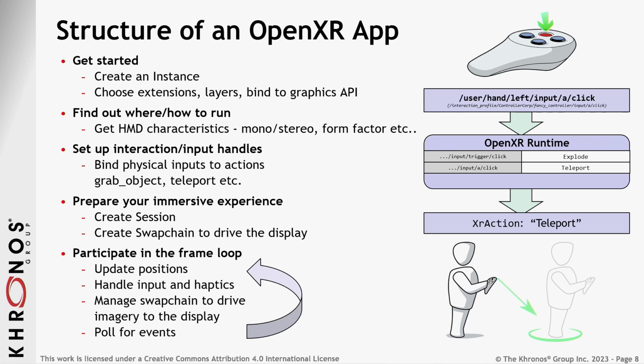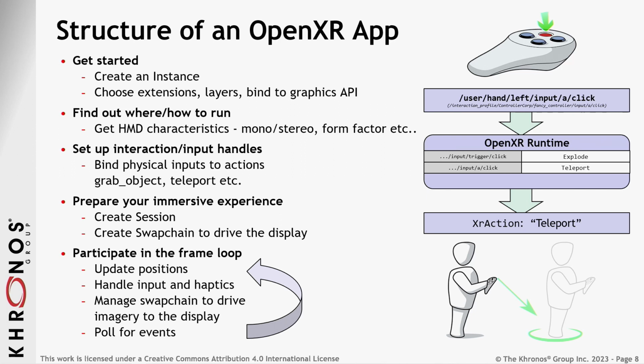The instance basically says, this is a headset, this is what it does, this is what it supports, and this is the graphics API that it uses. The device will tell you what it supports. So it'll tell you, is this one screen? Is it two screens? Is it for your head? Is it just like a standalone thing?